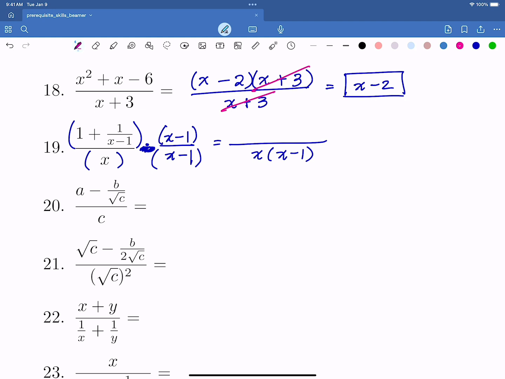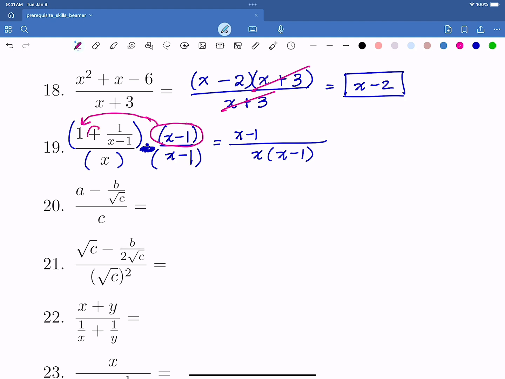You have to distribute. This x minus 1, we have to distribute it here and then here. If you need to work off to the side, that's a good, careful way to do it. So what we're doing first is taking this x minus 1 and distributing it to this 1. So 1 times x minus 1 is x minus 1.